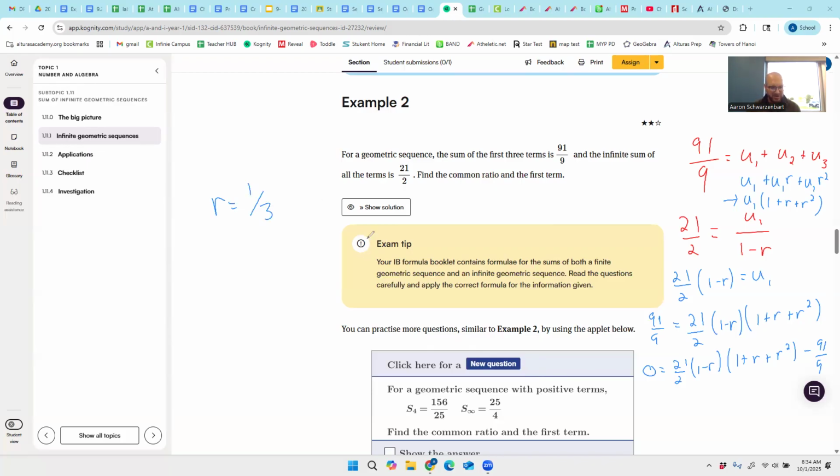R equals 1/3. Wait, okay. I need to go to menu and then edit my window. I did just zoom standard.